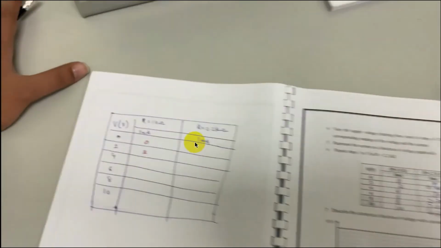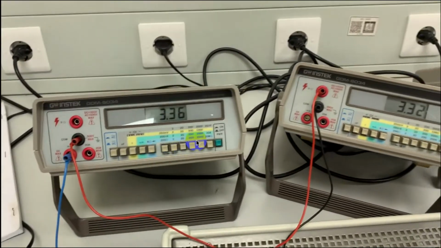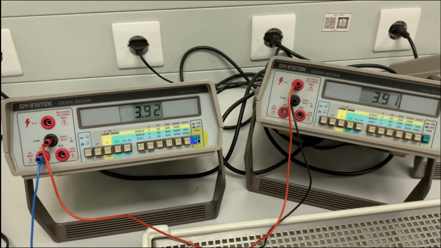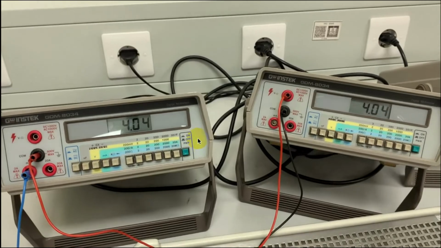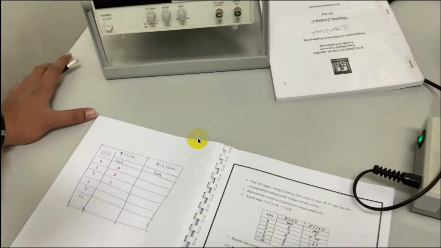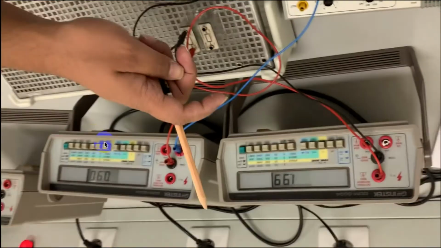Simultaneously you will do all the values. For 3 it is 3, for 4 it is 4, exactly the same value, because we are using a 1 kilo ohm resistor here. So in the same way we got values from 0 till 10.